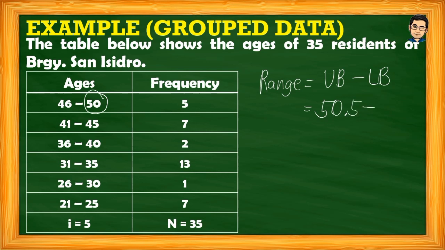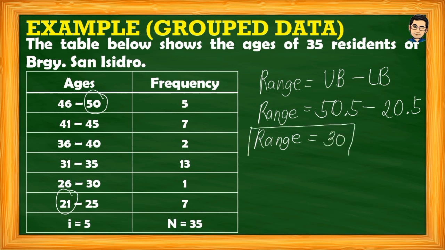Minus, dun sa lower boundary naman, that is 21, magsusubtract naman tayo ng 0.5. Then, it will become 20.5. Tsaka lang po natin i-subtract. So, 50.5 minus 20.5 is 30. So, yung nakuha nating range is 30.